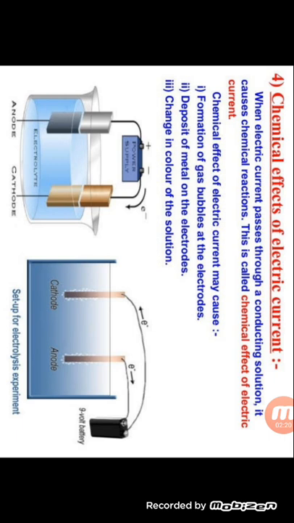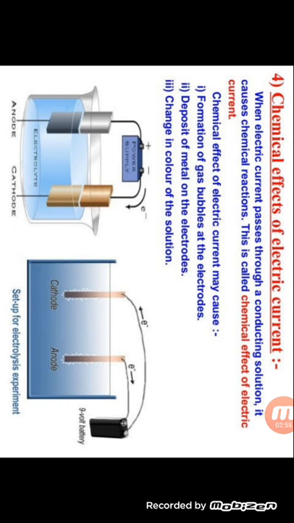Next is chemical effect of electric current. So when an electric current is passed through a conducting solution, that is an electrolyte, some chemical changes in the form of chemical reactions can be seen. So this is called chemical effects of electric current. Now what are the changes which we see?